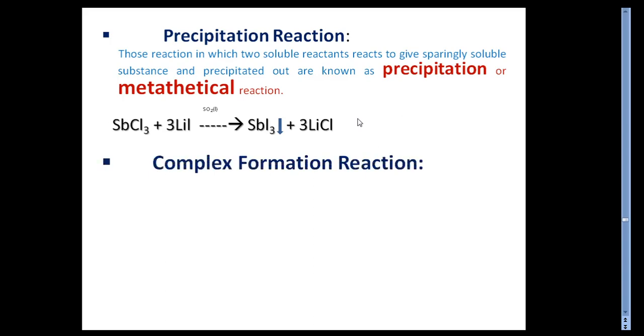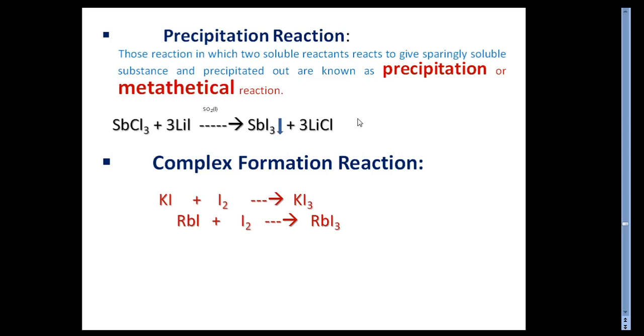And next is complex formation reactions. In complex formation reactions, a large number of complex ions form in liquid SO2, and they are reported in different ways. Sulfur dioxide itself does not take part in complexation but provides the medium for the purpose. It is a very important point.